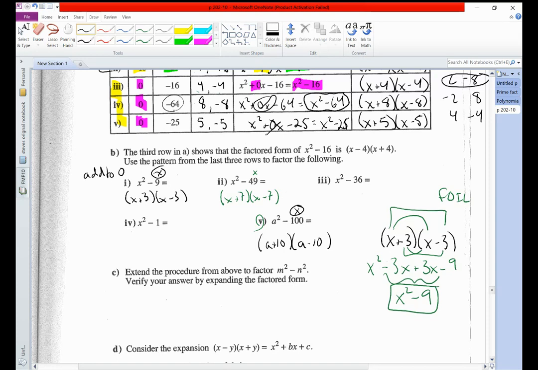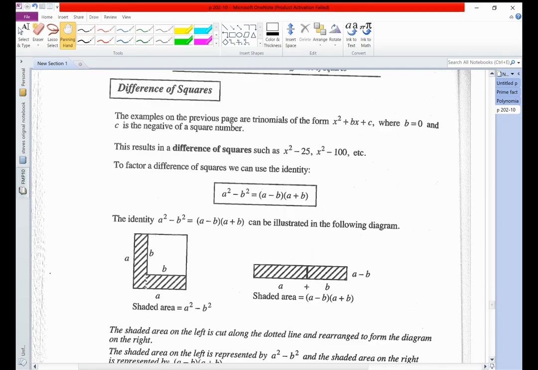What I'm going to do is skip to the next page and introduce this topic. This is called a difference of squares. When we first started factoring trinomials, we were dealing with x squared plus bx plus c.